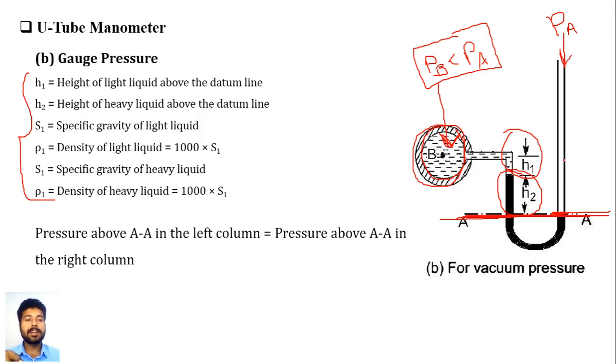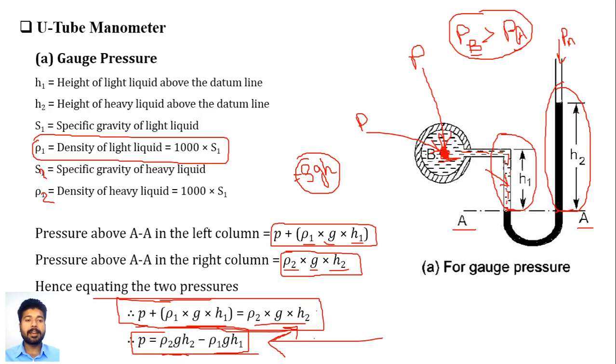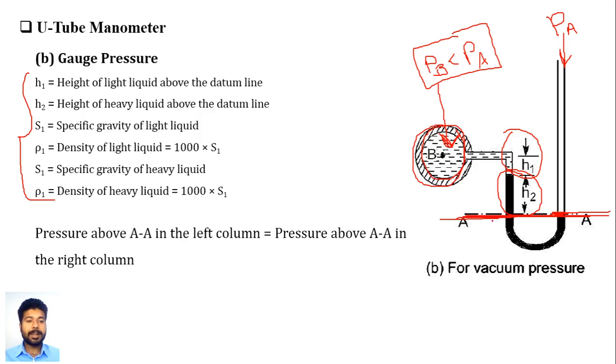In this diagram the lowest point is in the right limb, and in the previous diagram the lowest level of mercury was in the left limb. So here that is your datum line. In our present case, the right limb has the lower level of mercury. So above the datum line AA, the left limb equals the right limb, so we need to equate both limbs.